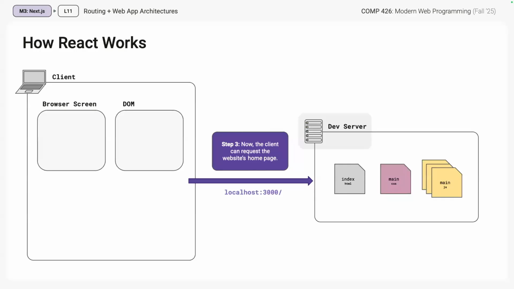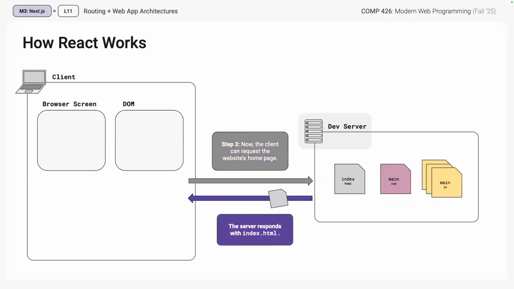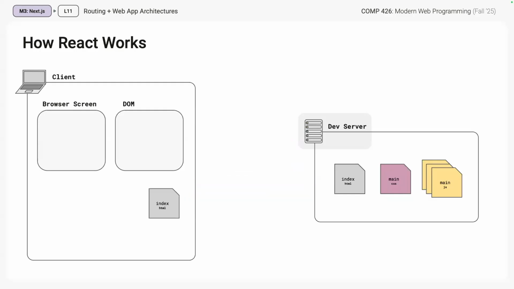We make a request to this URL, and we get back index.html from the server. The same process that we had even in the beginning with a basic A01 or A02: you make a request and you get an HTML file back. Same process.